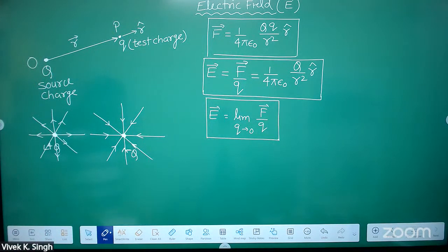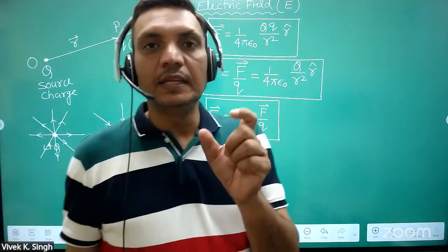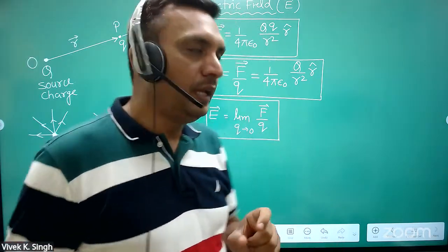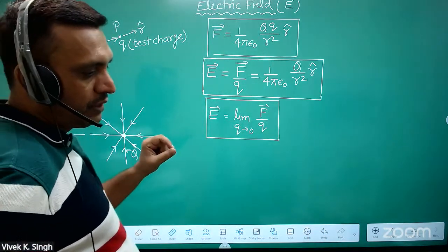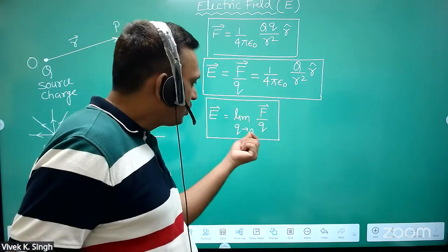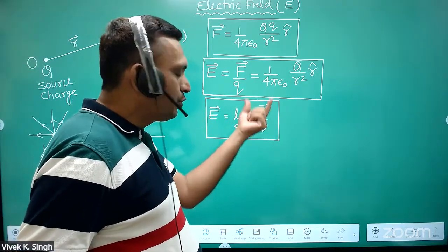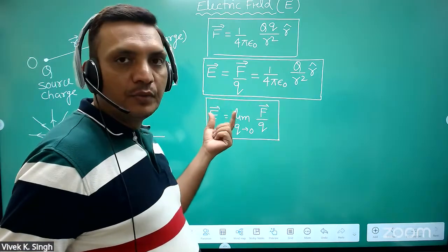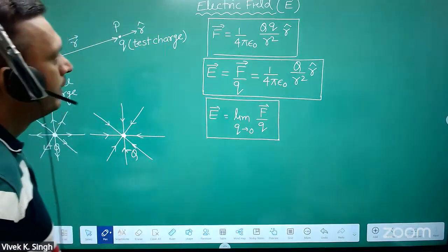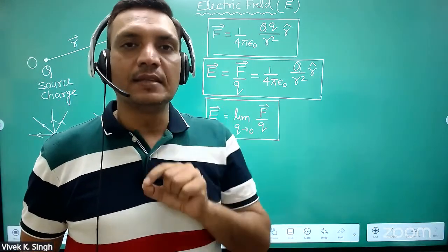Is it clear? ठीक है? So that is the definition for electric field, that it is force per unit charge, assuming the source charge is stationary. So when charge q is very small, force will be finite, so this ratio will give you a finite value of the electric field. Clear? So this is the electric field due to one single stationary charge.